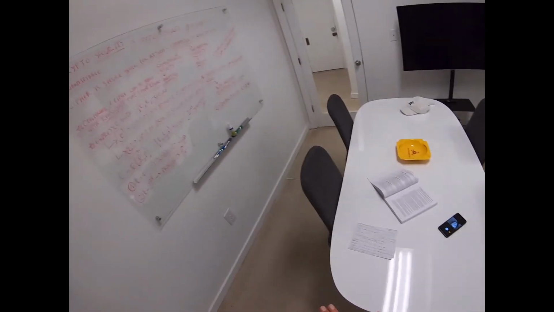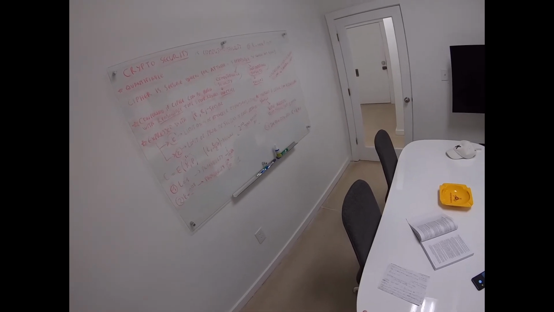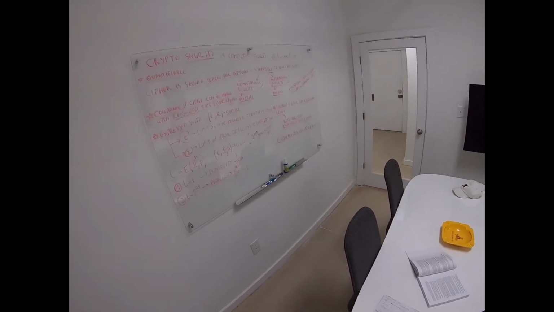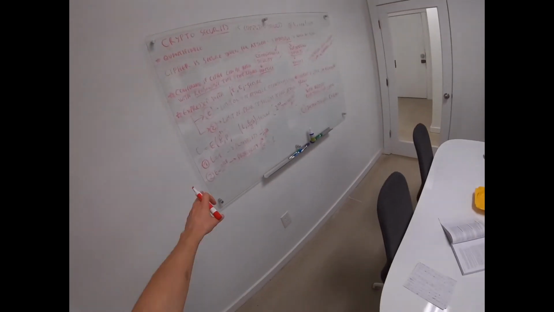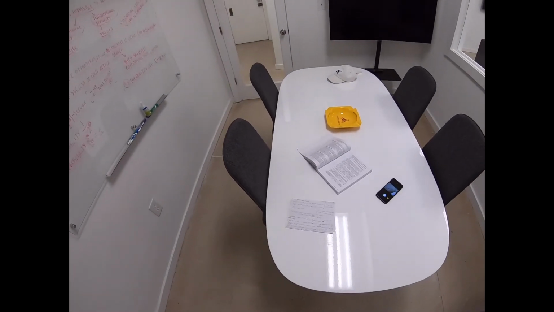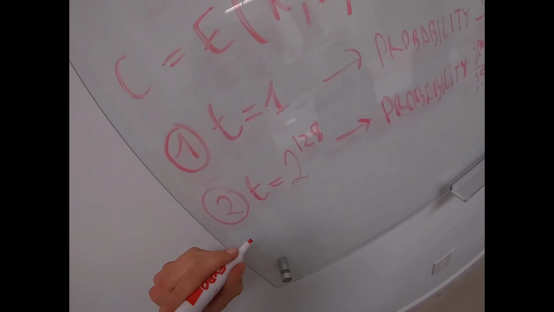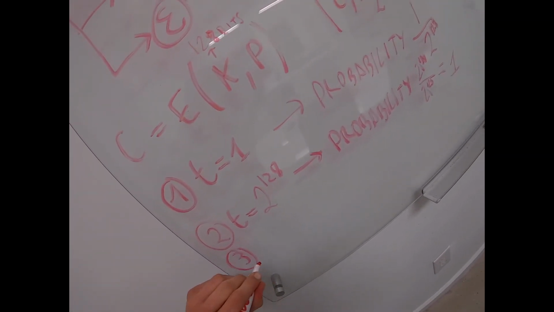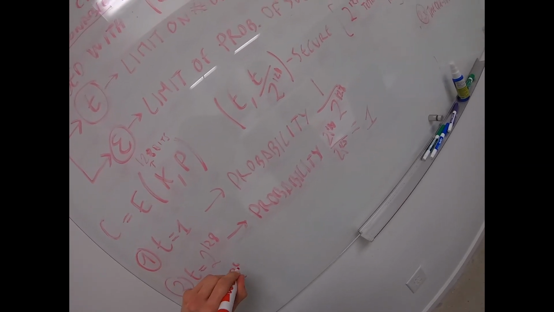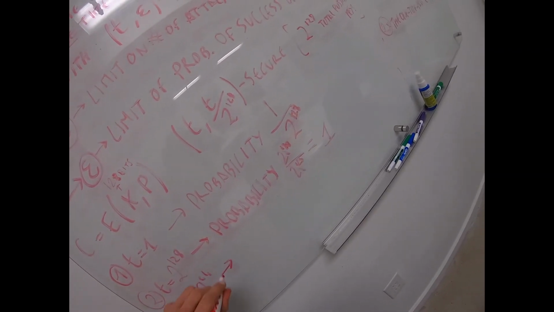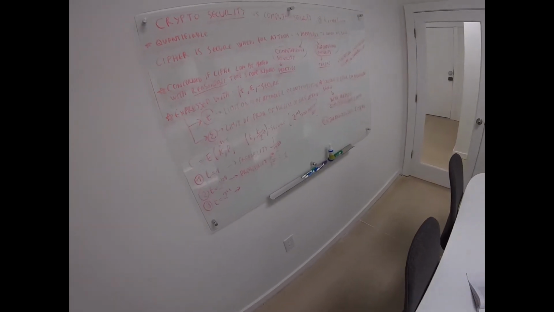And so, what's the third situation? Let's do something in between. The third situation is that the attacker tries half of the keys, right? So T is gonna be 2 to the 64, okay? What's the probability here?